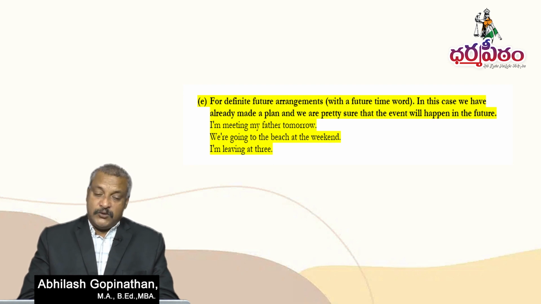Right? So, planned future activities can be expressed using present continuous tense as well. In the previous session we have seen that simple present tense can be used for expressing planned future activities, and now see, present continuous tense also can be used for expressing planned future activities.